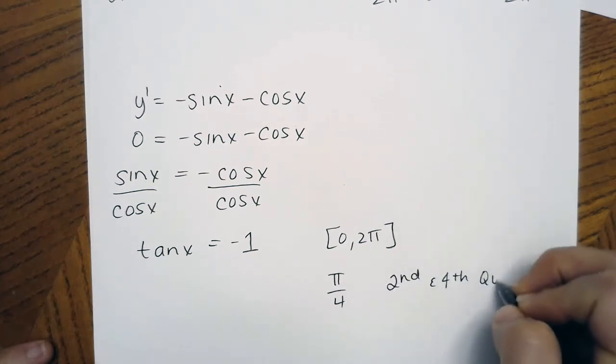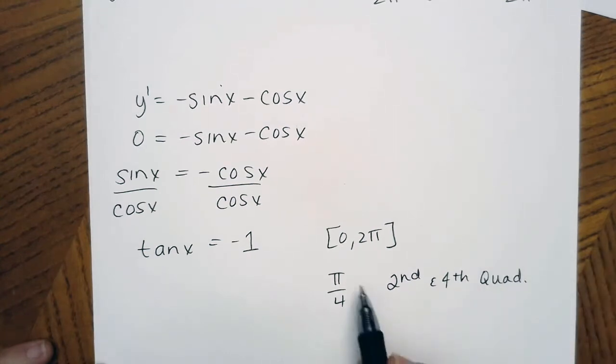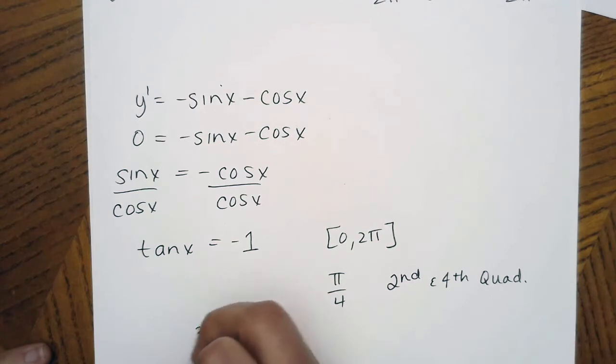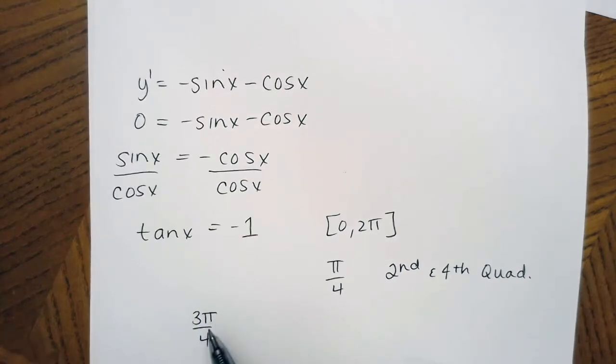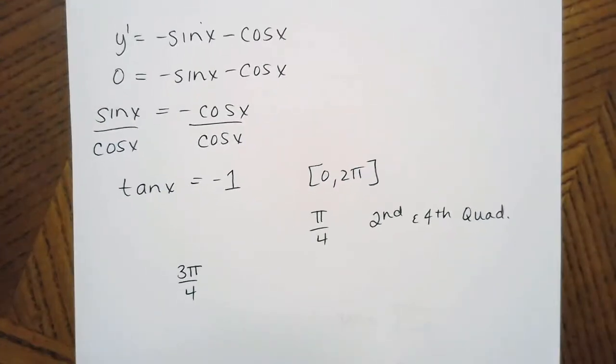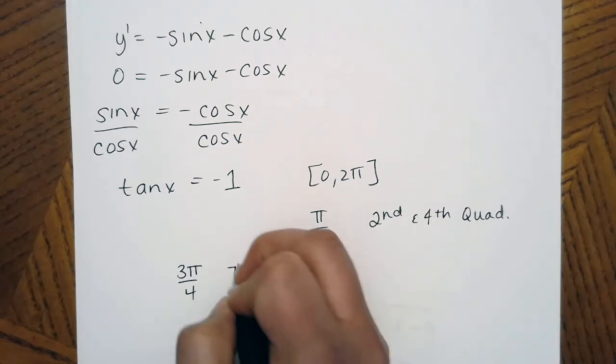So the second quadrant would be 3 pi over 4, because slightly less than pi would put me in the second quadrant, and then the fourth quadrant would be slightly less than 2 pi, which would be 7 pi over 4.